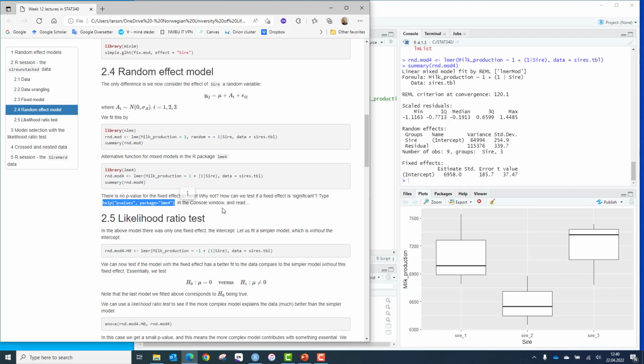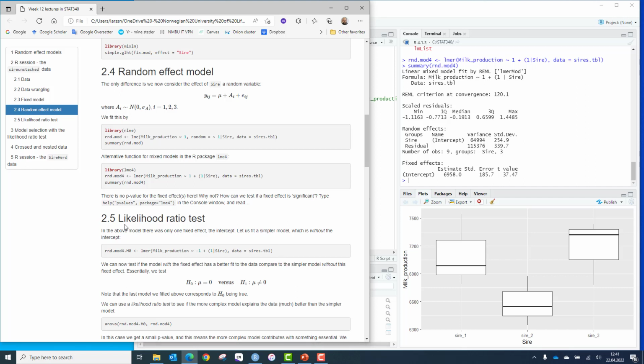But there are some suggestions on how you can do it, and we will actually pursue one of these now, which is using the likelihood ratio test. So let's draw some breath now and have a short look at this likelihood ratio test.